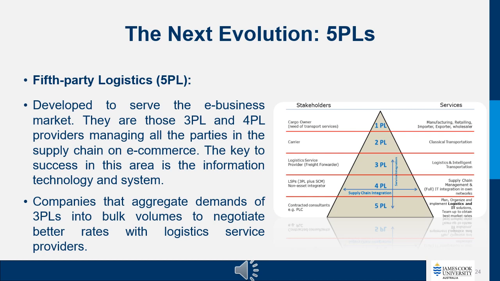In the context of e-commerce, where multiple suppliers, manufacturers, distributors, and logistics service providers are involved, 5PL providers act as intermediaries that aggregate and manage the supply chain activities of various parties. They bring together the capabilities, resources, and expertise of multiple logistics service providers to create an integrated and streamlined supply chain solution. One key aspect of the 5PL provider is the emphasis on information technology and systems.